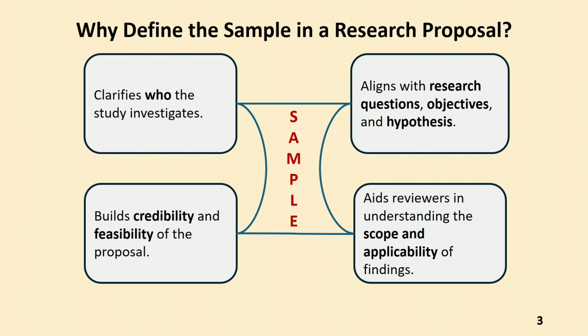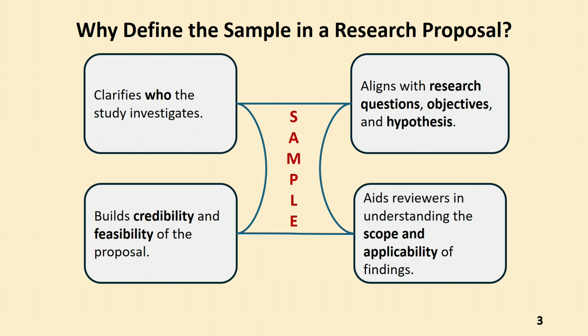Last is it aids reviewers in understanding the scope and applicability of findings. Definitely, when somebody is looking into a research proposal and reading your proposal, they have a tentative idea of what you are going to do.